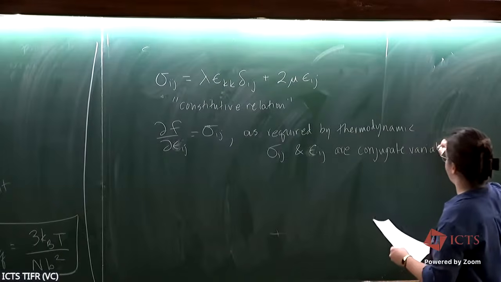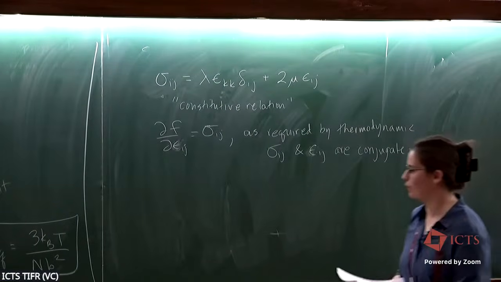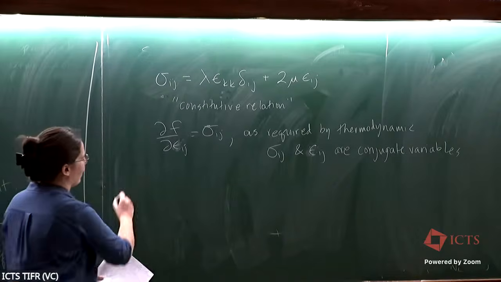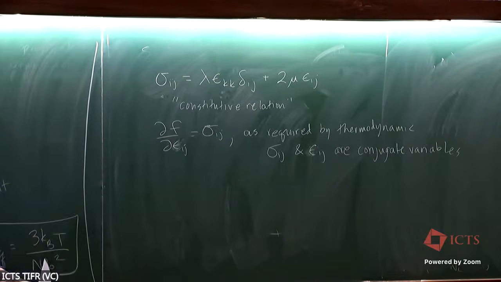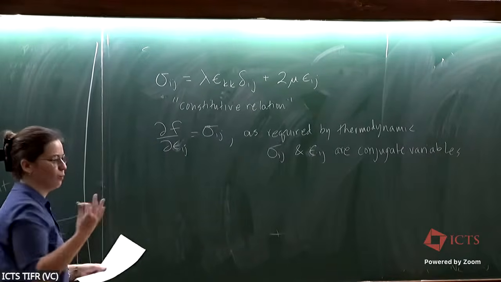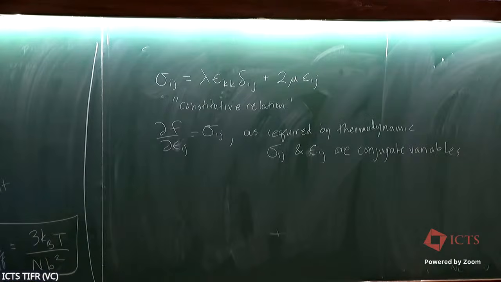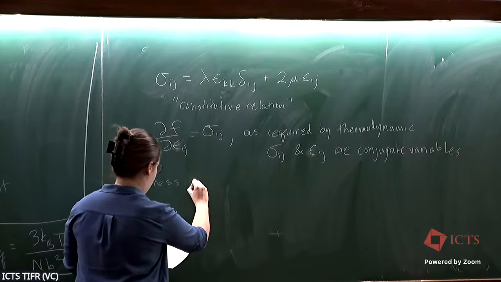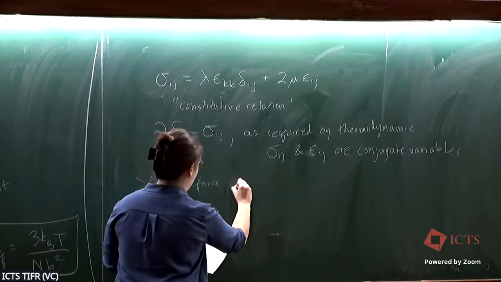And all of this is just a delight until we start considering large deformations. When you have large deformations, you are now forced to confront what directions you're really talking about, because stress, as we have seen, is a force per unit area.